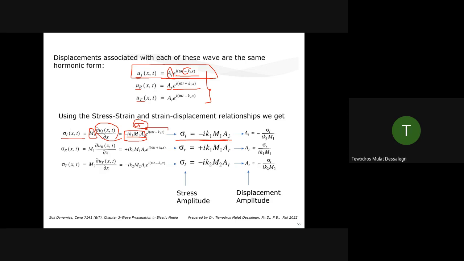If you rearrange all this, Ai, the amplitude of the incident wave in terms of displacement, you can get from here: Ai is sigma i divided by minus i k1 M1. So this is in the form of displacement, and this is in the form of stress. You can do the same algebra and simplification for the reflected wave and transmitted wave, and you'll have these forms.